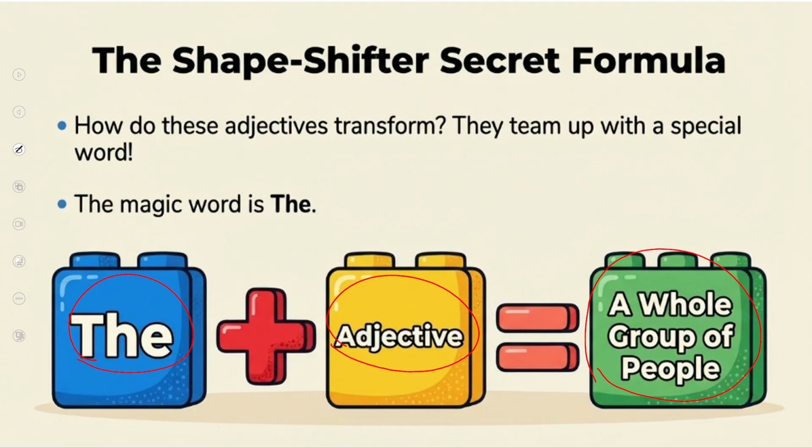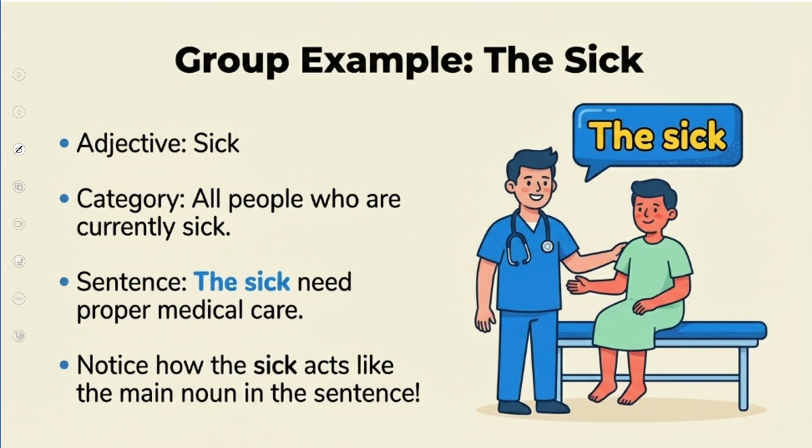What do I mean by that? I mean the sick. The sick. So everyone knows that sick is an adjective. Sick means all the people who are currently sick. But if I add the before sick, it means that they act like a main noun in the sentence.